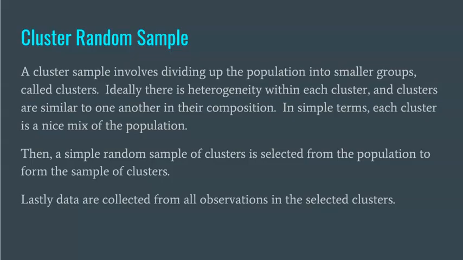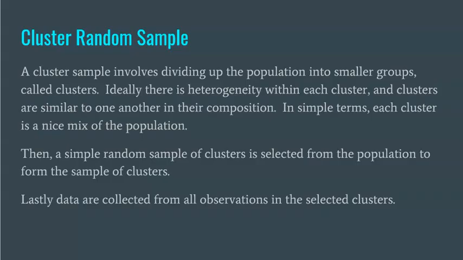All right, the third technique is called a cluster random sample. A cluster sample involves dividing up the population into smaller groups called clusters. So it kind of sounds like Stratified to start, but we call the groups clusters. Now, ideally, there is heterogeneity within each cluster, meaning that within each cluster, there is a real nice mix of people.